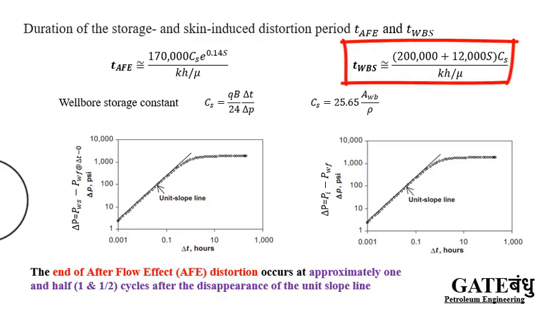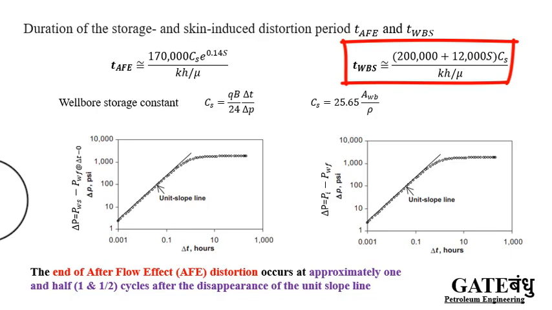Similarly, for the drawdown case, we apply this equation, 2 lakh plus 12,000 into skin, the whole bracket multiplied by the wellbore storage coefficient, and here the wellbore storage coefficient is calculated by this formula, that is 25.65 area of wellbore into density.